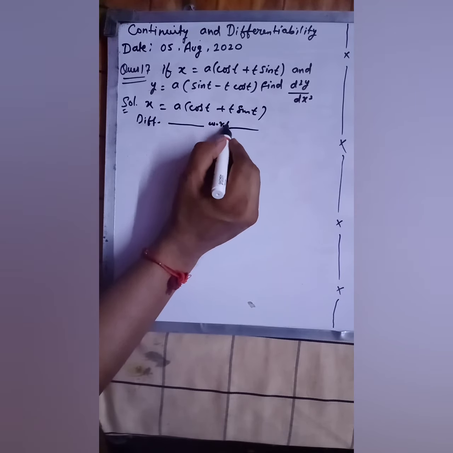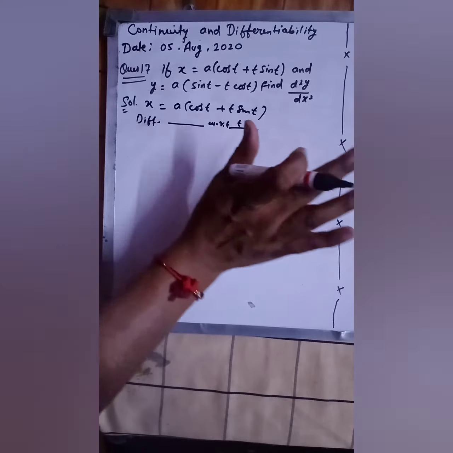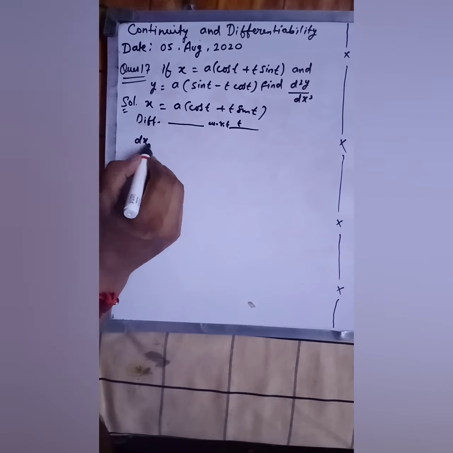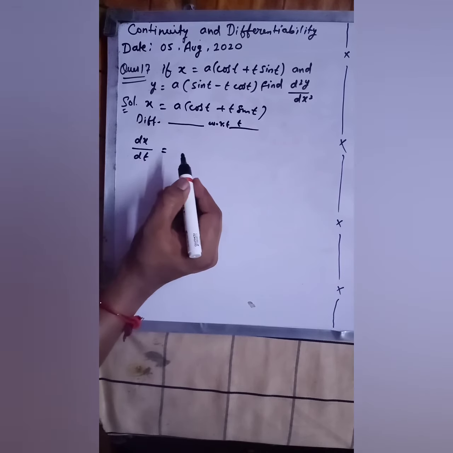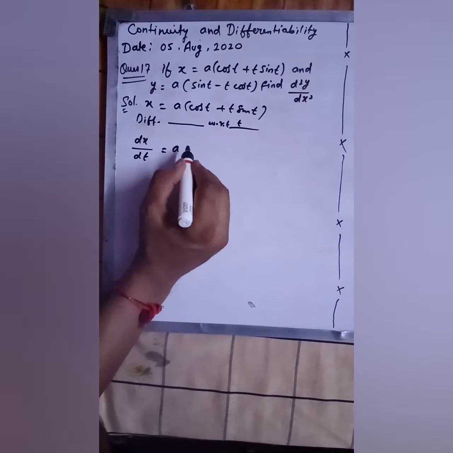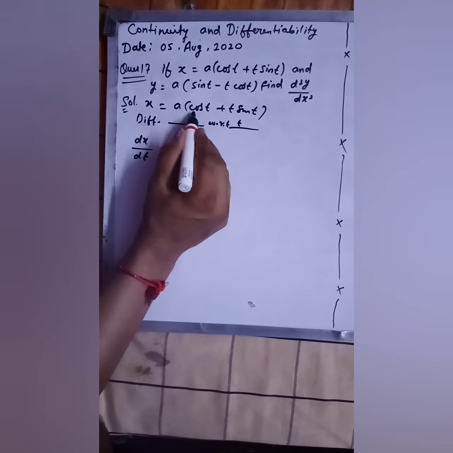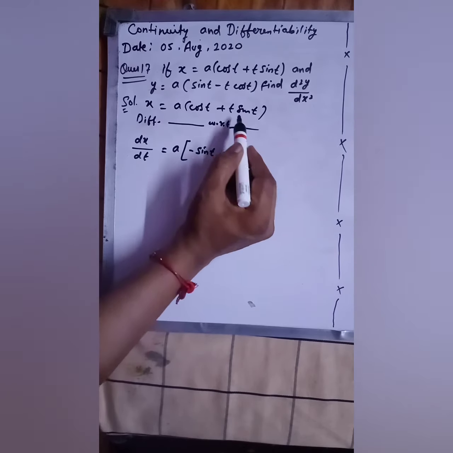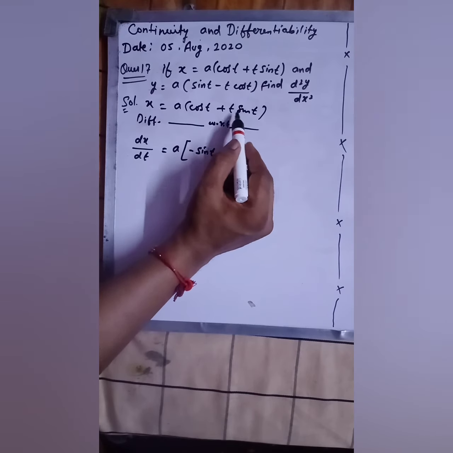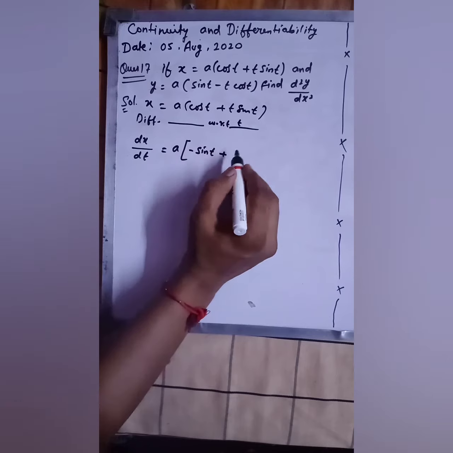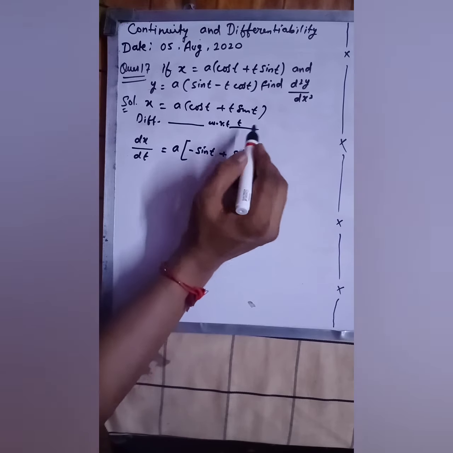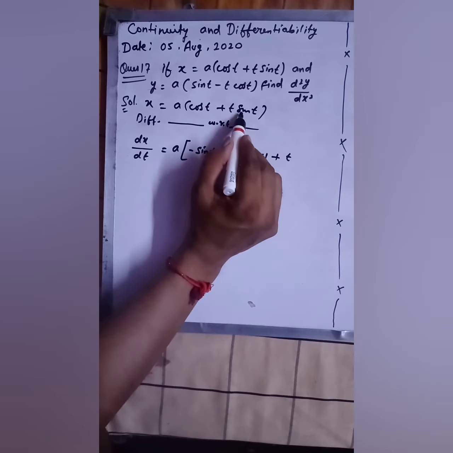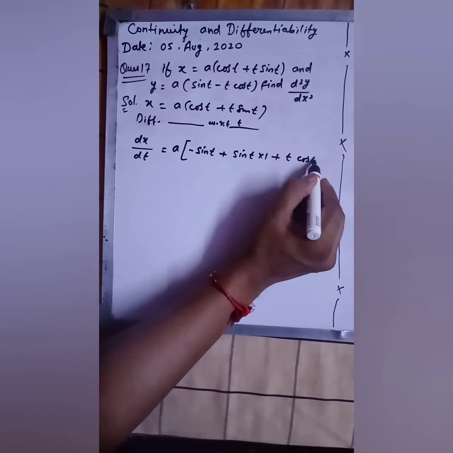So this will be dx by dt equals a, which will remain constant outside, and as you know the derivative of cos t would be minus sin t, plus if you find the derivative of this, you have to apply the product rule. So your sin t will remain the same, the derivative of t will be 1, plus your t will remain the same and the derivative of sin t would be cos t.